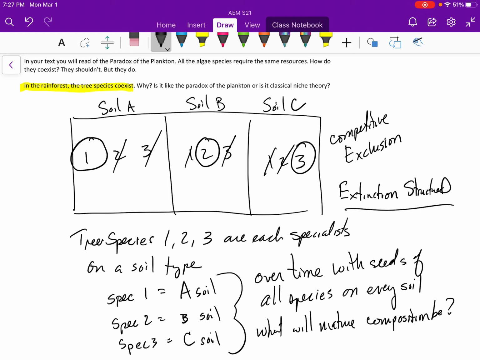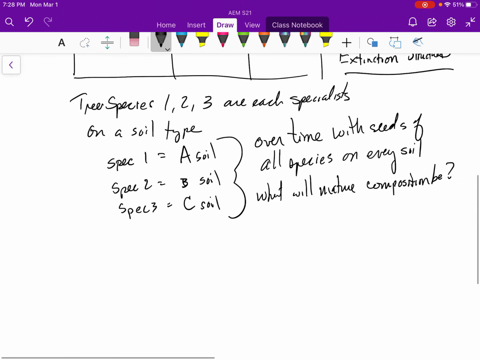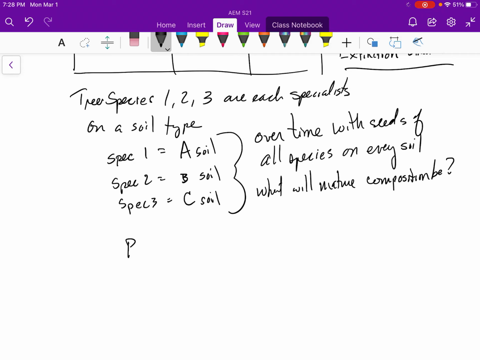It's due to this competition and things being driven to extinction on each soil type that caused this pattern. This has a couple of predictions or patterns that come from it. If this is true, then we can say that soil type should predict species composition.